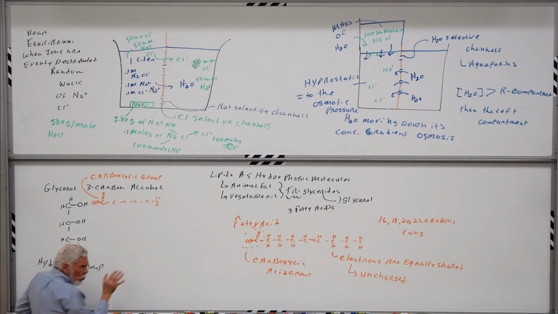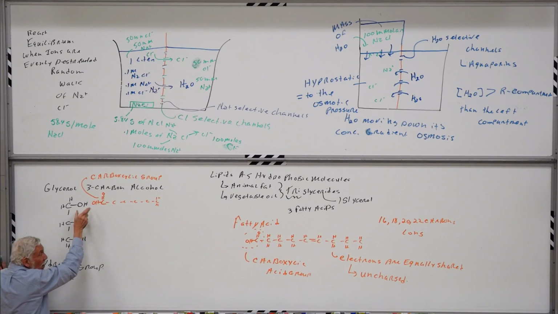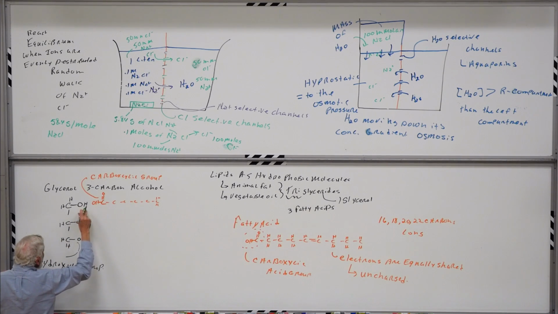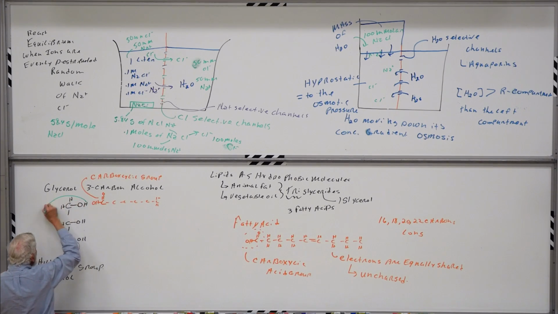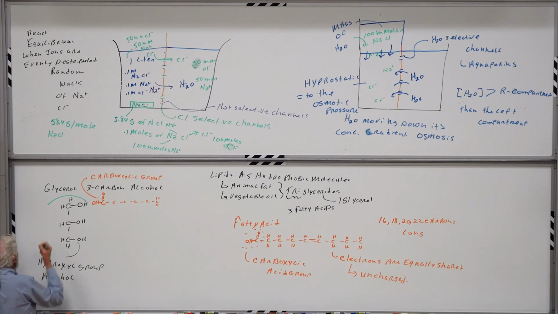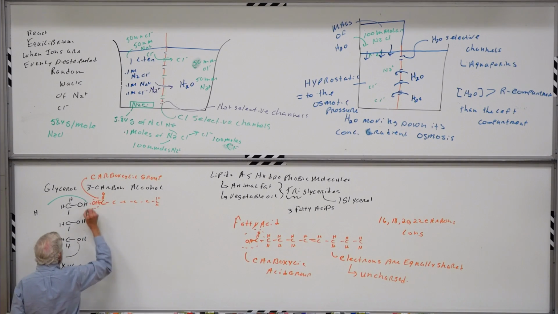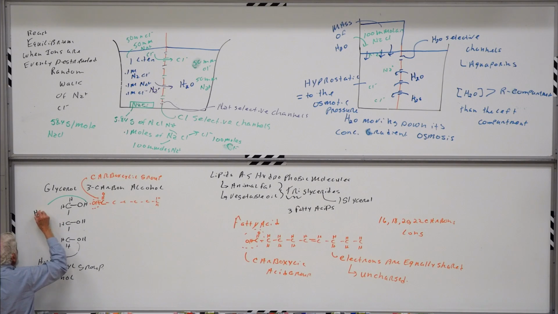Now, biology doesn't do it quite in this fashion, but I want to show how we're going to make a lipid. Biology does it differently, but we're going to add some enzymatic magic here. And what we're going to do is take this hydrogen and this oxygen and form HOH. This is, of course, water.